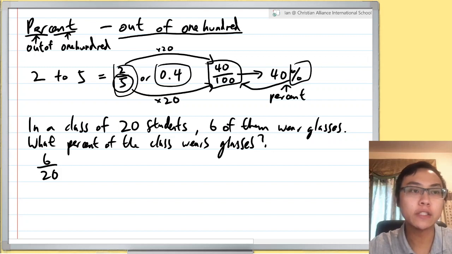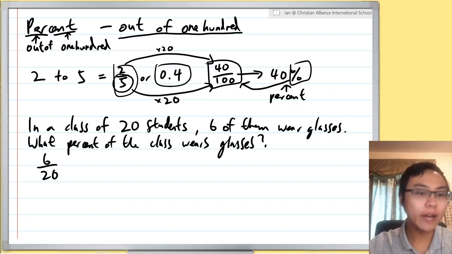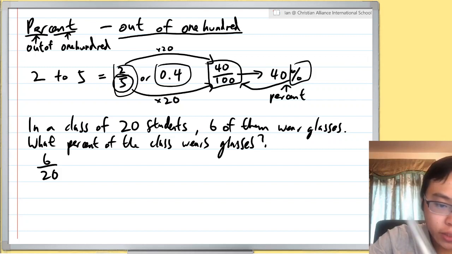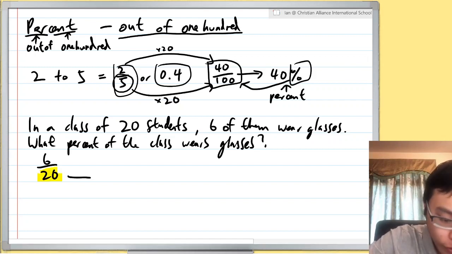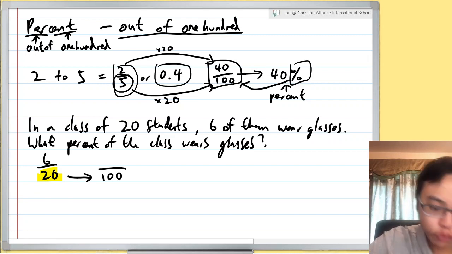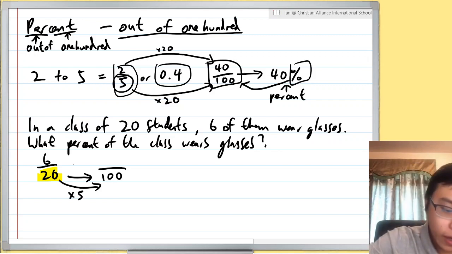This is a fraction. Now we can convert this fraction into a percent. All we have to do is change the bottom number, this 20, to out of 100. This is a very simple example where all we have to do is multiply by 5.